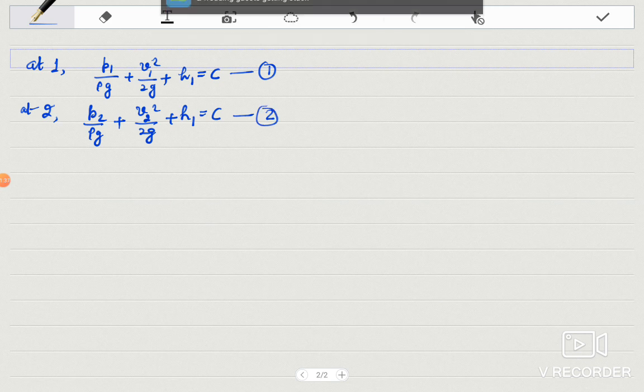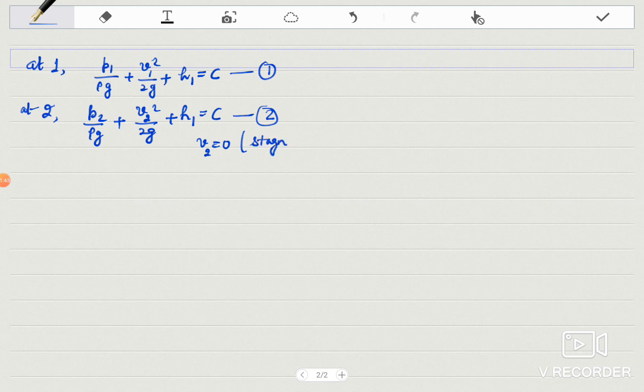Now from point 2, we see what V2 is. V2 is 0 because it is the velocity at the stagnation point. So from 1 and 2, 1 is equal to 2 by Bernoulli's principle.